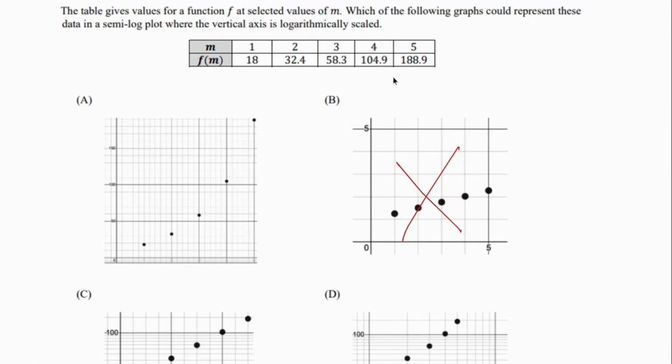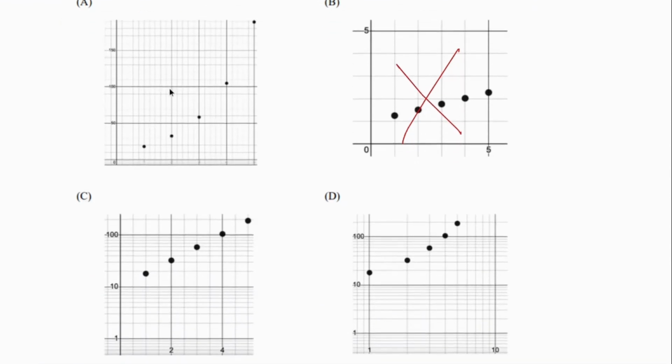So this will appear as a straight line on a semi-log plot because this is exponential. You do not appear as a straight line on a semi-log plot. You're not even a semi-log plot. Oh, you are. You do the same, so it's got to be C.